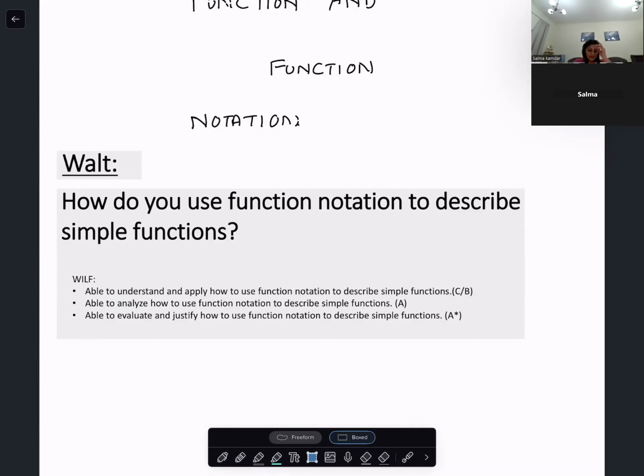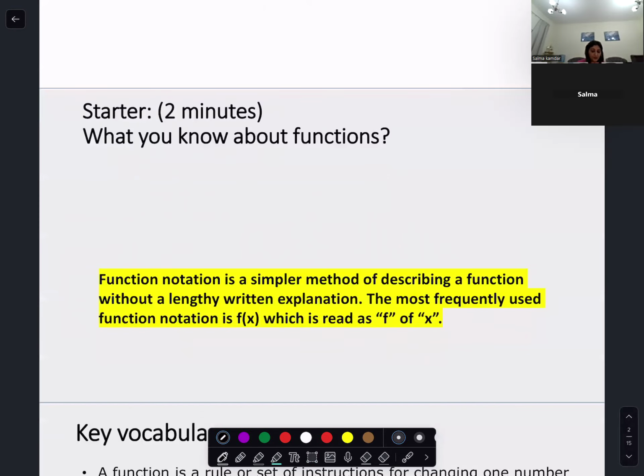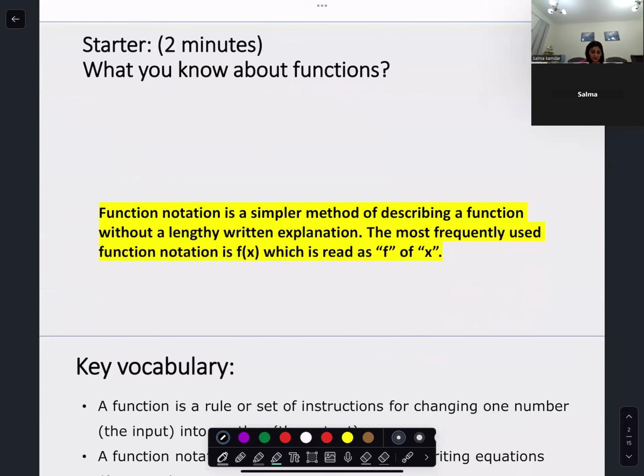Hi, we are going to learn what is function and function notations and how do we describe functions. Now, what do you know about functions? Functions is basically a simpler way to describe anything without writing lengthy explanations.